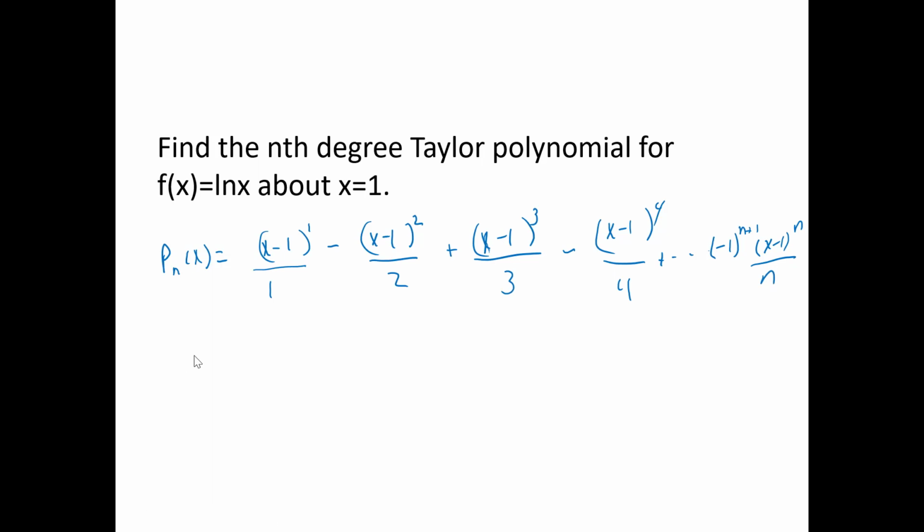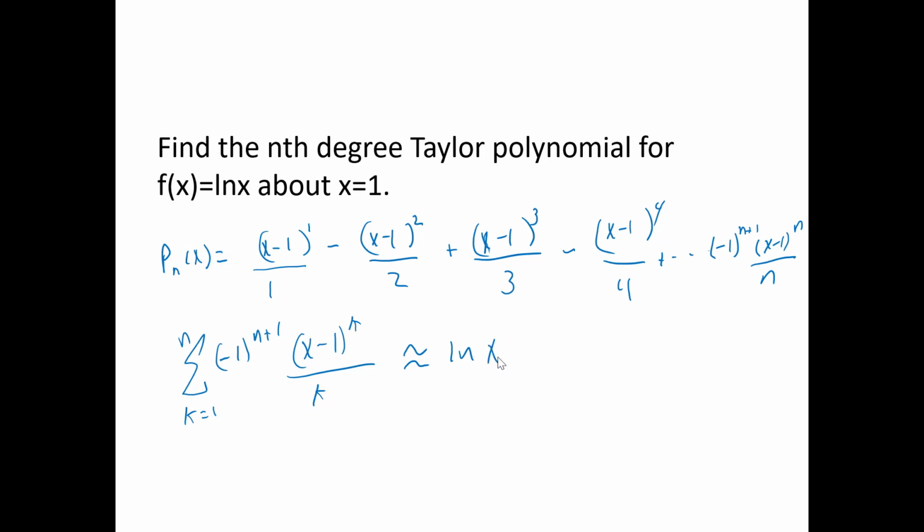And then what we can do is write this in summation notation. So then we have from k equals 1 to n of a factor of negative 1 to the n plus 1, which will make it alternate. We have an x minus 1 to the k, and we have a k on the bottom. And so there we go. And again, remember what the point of this is. The point of this is that this is approximately the natural log of x.